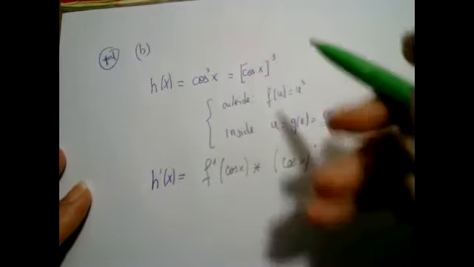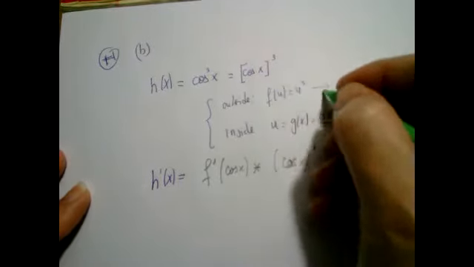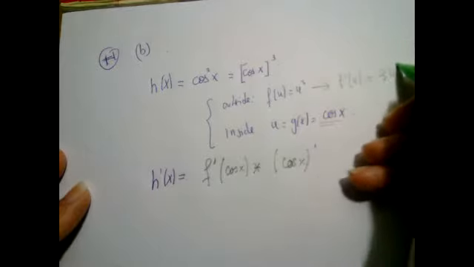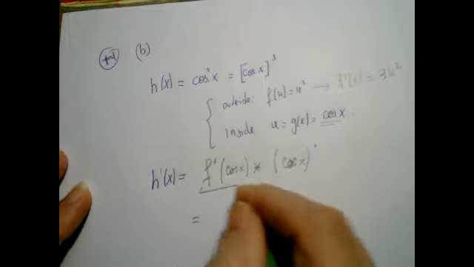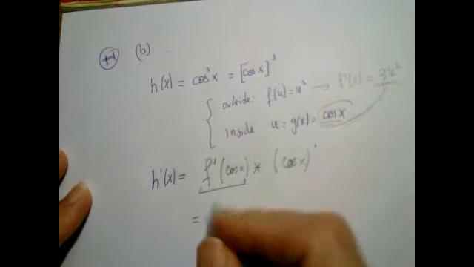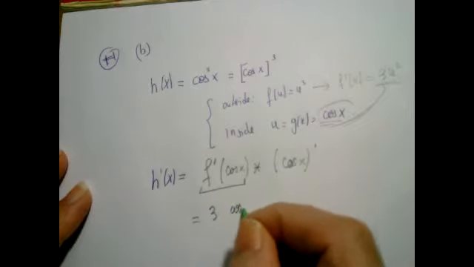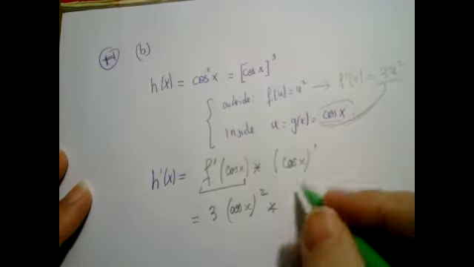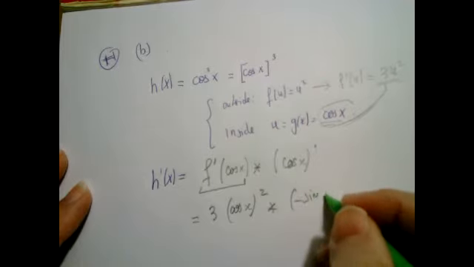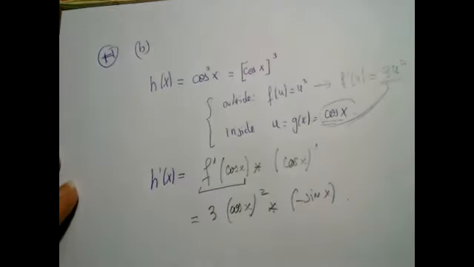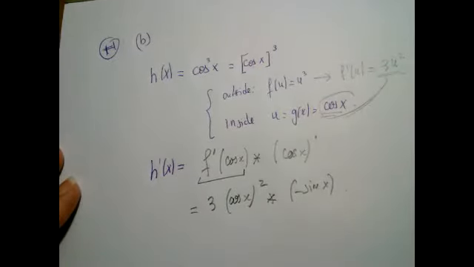Here, the derivative of the outside is 3u squared, but instead of u, you put cosine. So 3 cosine x squared times the derivative of the cosine, which is minus sine. Yeah, so some of you messed up this problem.